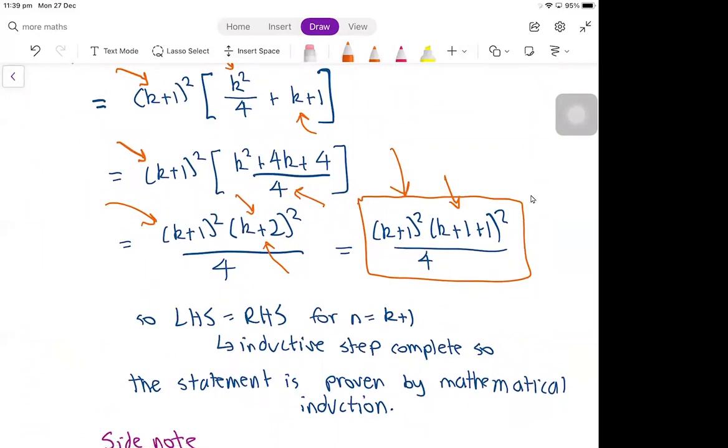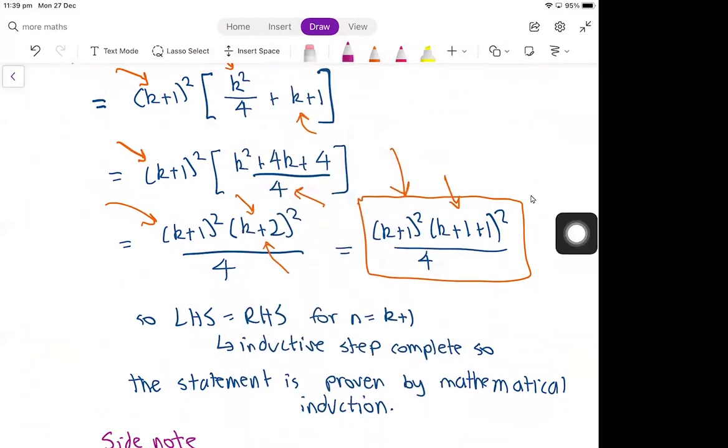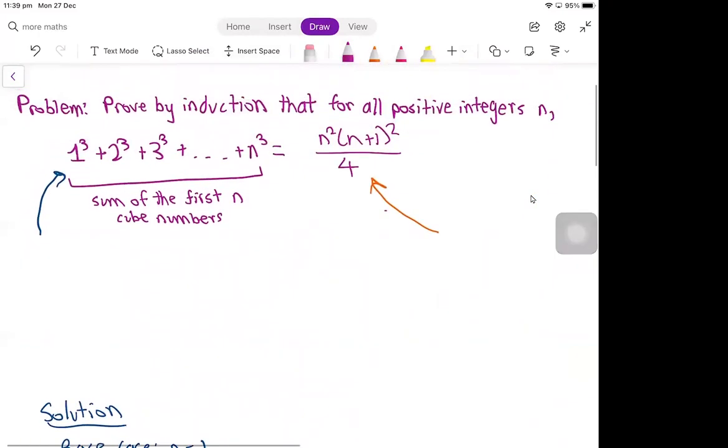So this means the inductive step is complete. And this means that the original statement we are trying to prove is true by mathematical induction. So we've proven that the sum of the first n cubed numbers is equal to n squared times (n plus 1) squared divided by 4. And this completes the solution.